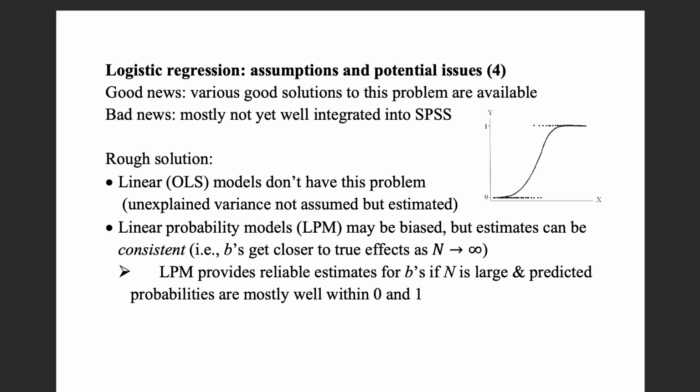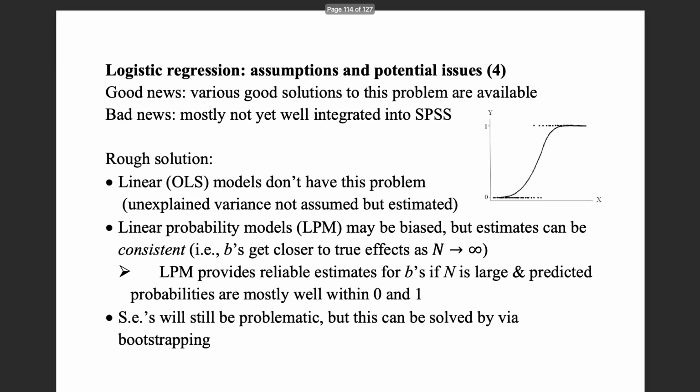If you don't have a bunch of predicted probabilities for cases that are negative or larger than 1, if most of them are really within 0 and 1 and preferably right around the 0.5 value, let's say most of your predicted probabilities in your sample are somewhere between 0.2 and 0.8, then probably your linear probability model is going to be pretty reliable, and you could just use that to estimate the effect of your X variable on the predicted probability of something happening.